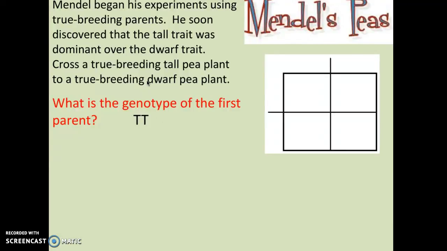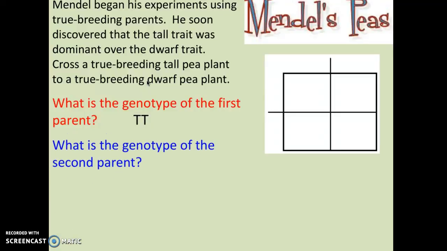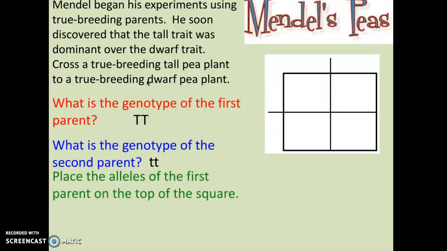The genotype of the first parent is homozygous dominant, big T, big T. And the second parent, take just a second and think about it. Is little t, little t.